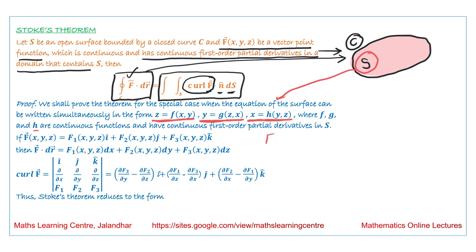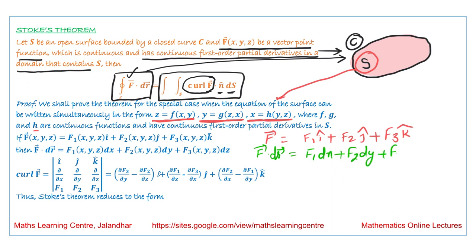So we can write the F vector as F1 i cap plus F2 j cap plus F3 k cap. Then F vector dot dr vector is equal to F1 dx plus F2 dy plus F3 dz.